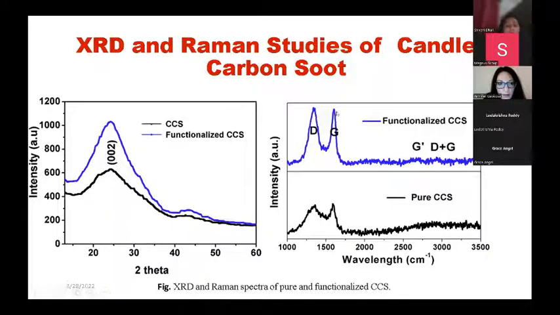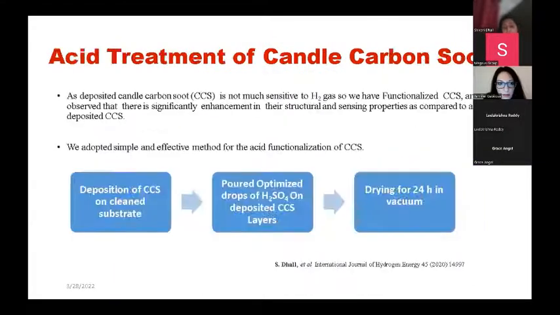So from this structure analysis, we can say that our functionalization with H2SO4 is successful, and the attachment of the functional groups is very helpful for further sensing of hydrogen molecules.